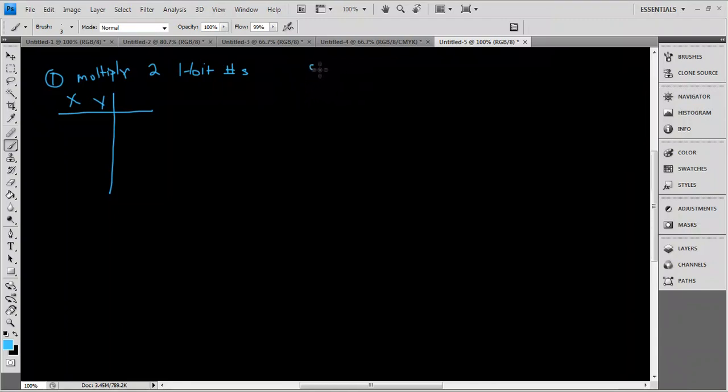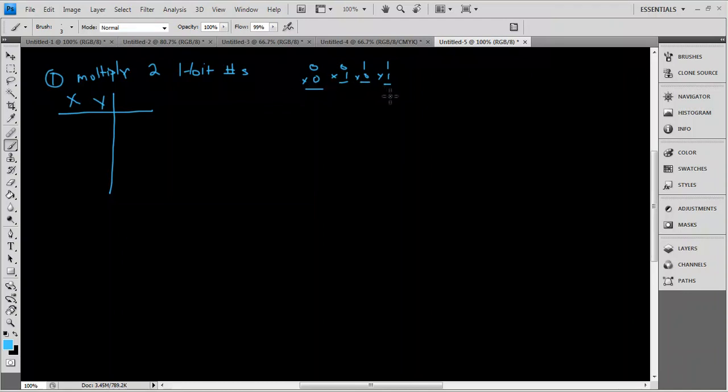We could have 0 times 0, 0 times 1, 1 times 0, and 1 times 1. So there's our four types of math problems that we could do by multiplying two 1-bit numbers. Does that make sense? So four separate problems with only 1 bit. Obviously, if we had 2 bits, we could do bigger numbers, but with 1 bit, that's it.